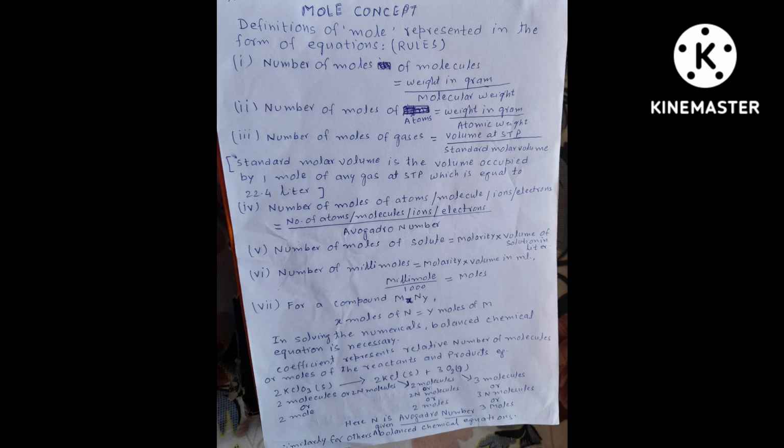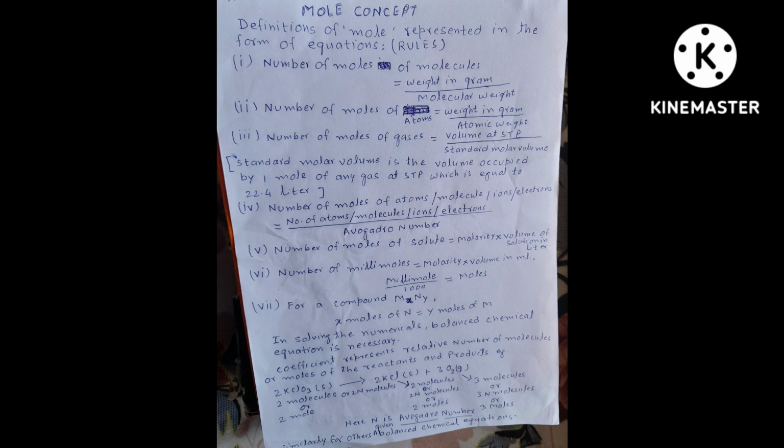Then you will get the percentage of hydrogen: 2 into 100 divided by 18. As a formula, you can say mass percentage of an element is equal to mass of that element in the compound into 100 divided by molar mass of the compound. This is the formula you can use for every element in the compound.